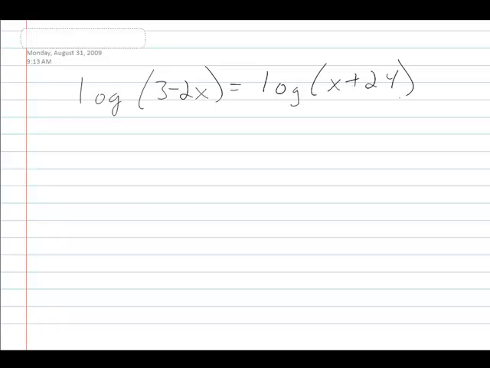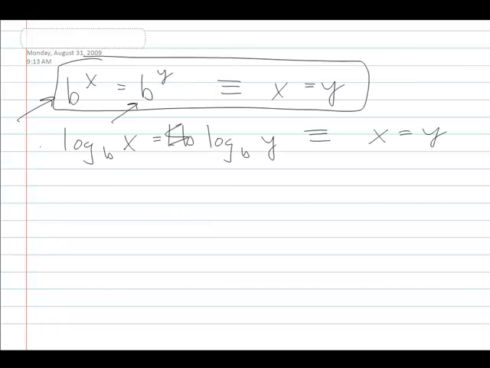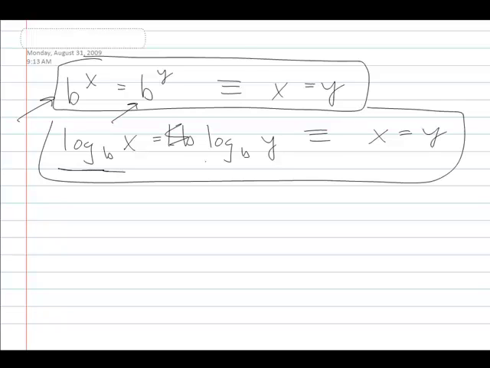And finally, the last one, if we look at the logarithm of 3 minus 2x equal to the logarithm of x plus 24, and we need to solve for x. Well, if we go back and look at our properties, the logarithm of the same base of something equal to the logarithm of the same base of something, we can just say that whatever we're taking the logarithm of are equal to each other.